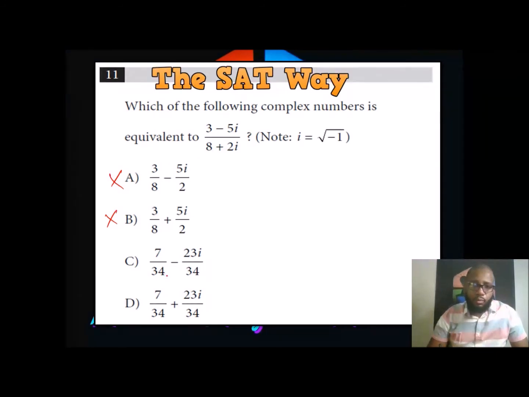So from this, we can see that the answer is either C or D. Now, since we have a negative here, and the 5 is greater than the 3, and the 5 is negative, I must have a negative in my answer. So the answer is clearly C.